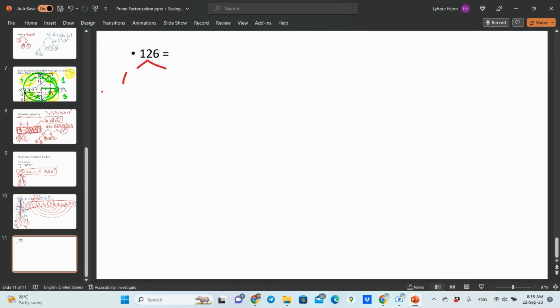Okay, first of all, 1 and 126. You can write 1 and 126 here because they will meet at this center point. 1 and 126, correct. Next, 2 and 63. Yes, 2 and 63.